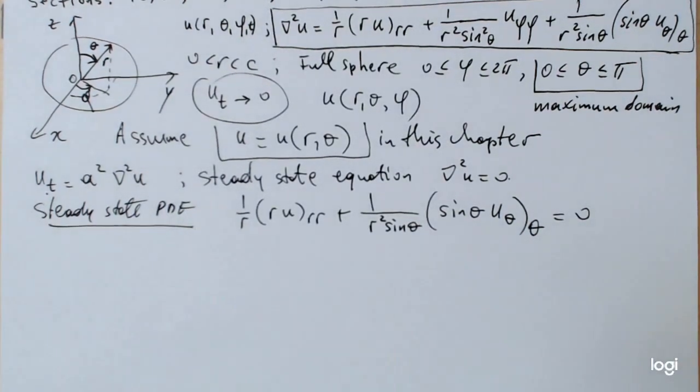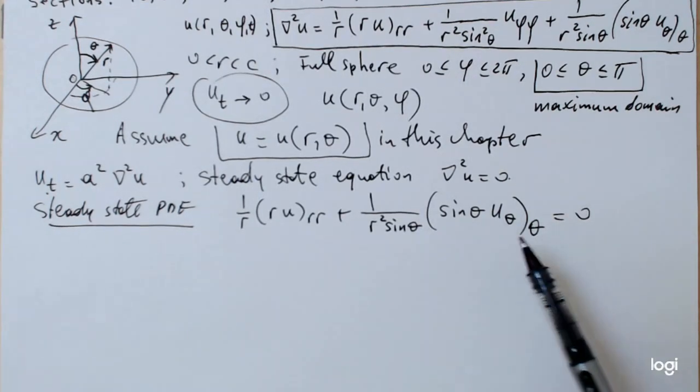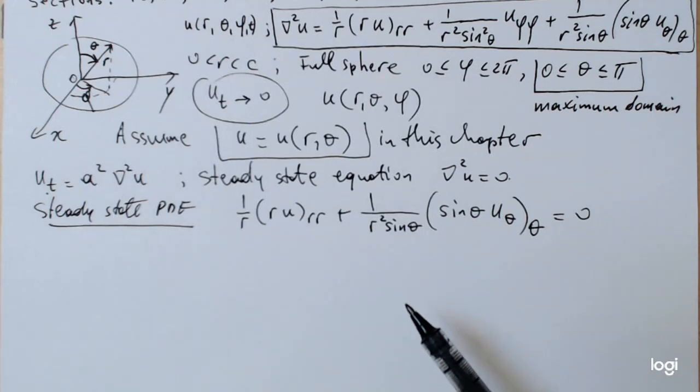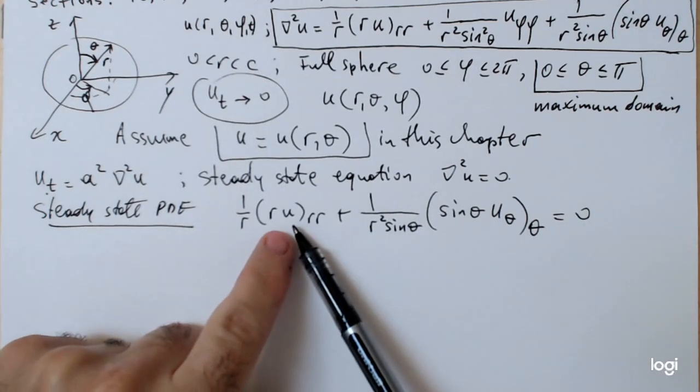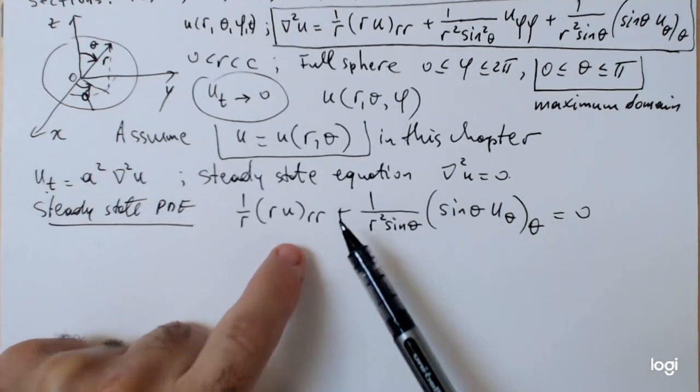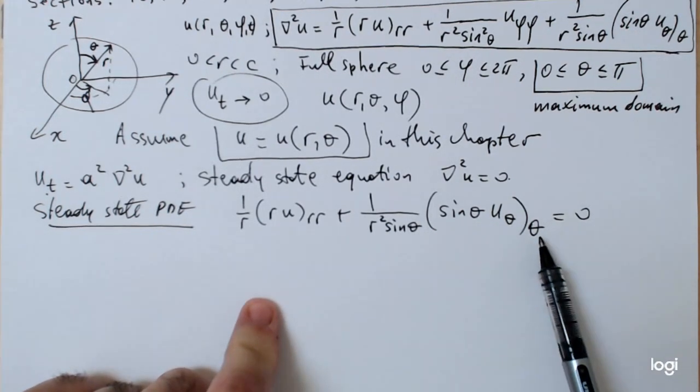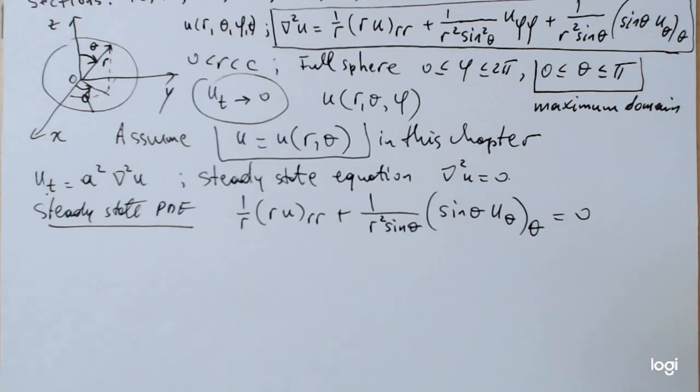So we can smell already that this will probably lead to a more complicated equation simply because of this more complicated format of the Laplacian. So remember, r times u, which depends on r and theta, partial r twice, sine theta u partial theta, and then together another derivative with respect to theta.